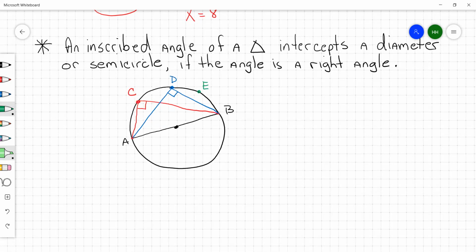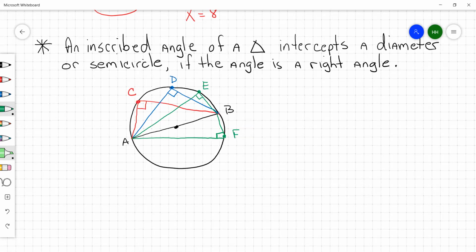Point E, E to A, E to B, another right triangle. Flip it over to the other side. If this is F, F to B, F to A, another right triangle. If an angle has endpoints on a diameter or a semicircle, then the angle is a 90-degree angle.